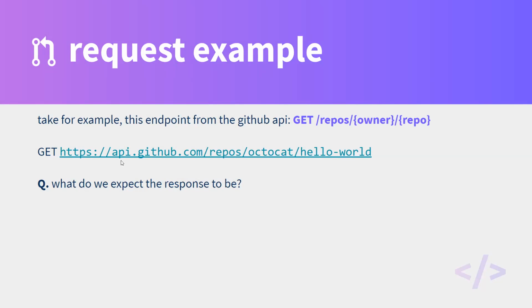Sorry. Cool. So take, for example, this endpoint from the GitHub API, get repos owner repo. Essentially, we would issue a request to this URL, api.github.com, and then you specify the owner here and the repo here in the URL. What do you guys think the response would contain?